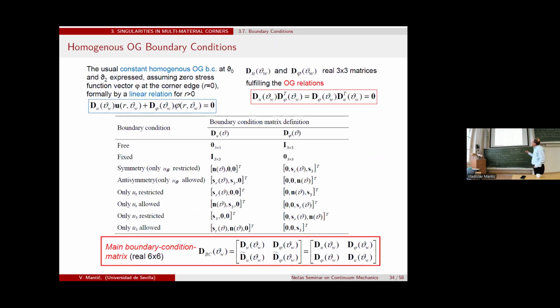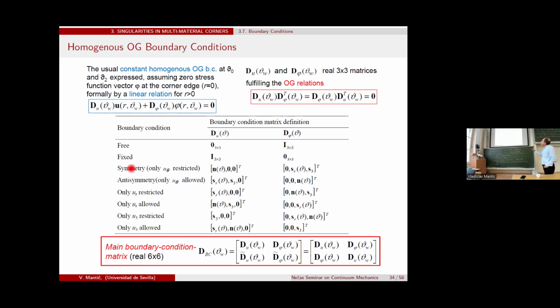For homogeneous boundary conditions, using these coordinate vectors and different coordinate systems, we can consider all these boundary conditions: free, fixed, symmetry, anti-symmetry, and restricting or allowing only some of the displacements. And we define these matrices d_u and d_phi in this way using these unit vectors.